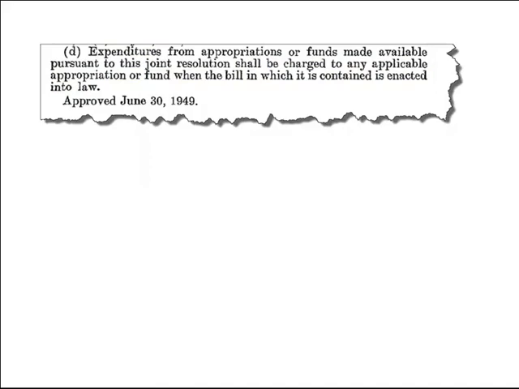This means that whenever a full year appropriation is enacted, all expenditures get charged to the applicable appropriation in the final bill. In other words, you act as if that appropriation was around since the beginning of the fiscal year, and all funds are charged as if it started October 1st. It's as if the CR is ephemeral and never happened.